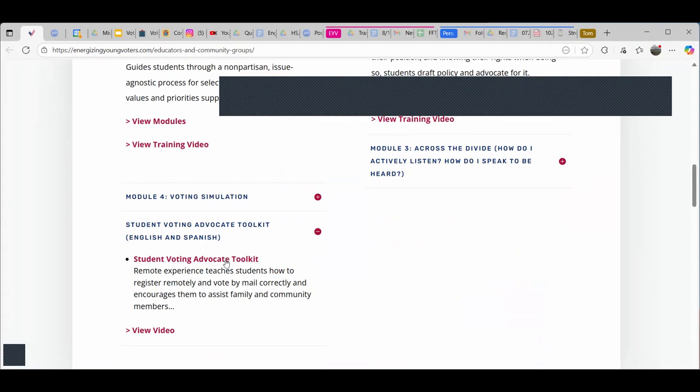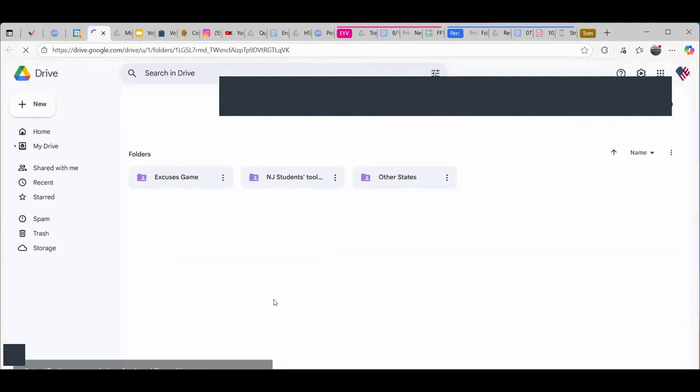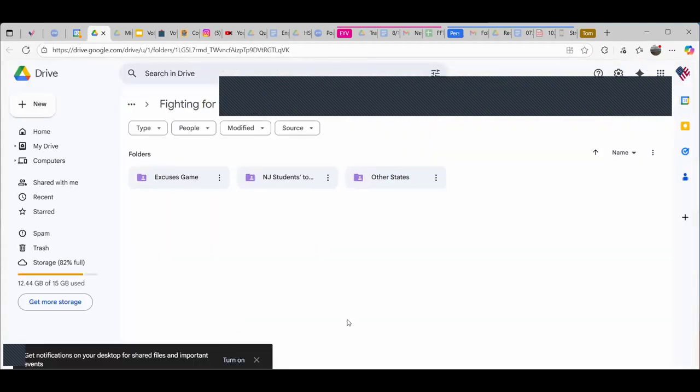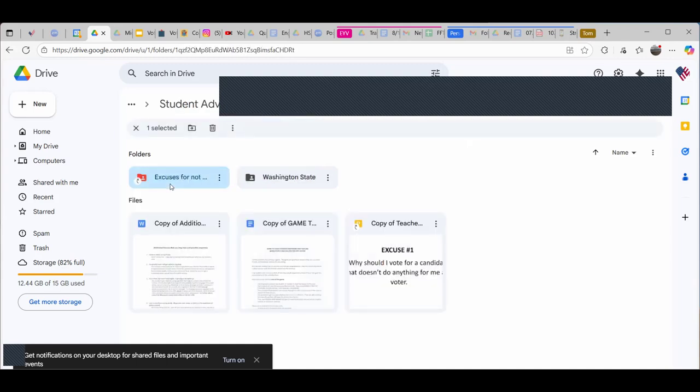There's no module list here. You just go directly to the Student Voting Advocate Toolkit. When you open it up, you again will see the three different things. Now, in the toolkit, the excuses game that we did back in the Truth About Turnout is mentioned. So there's a folder here again with that information in it.